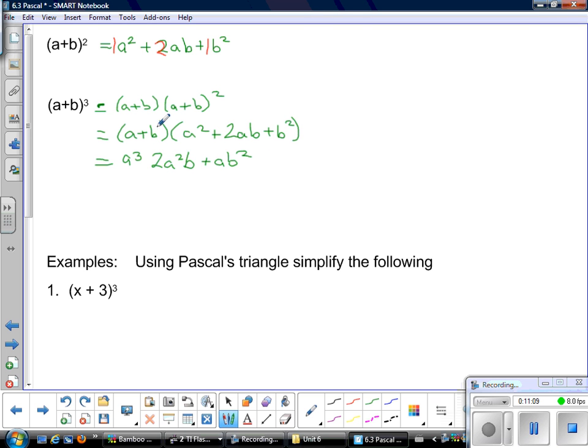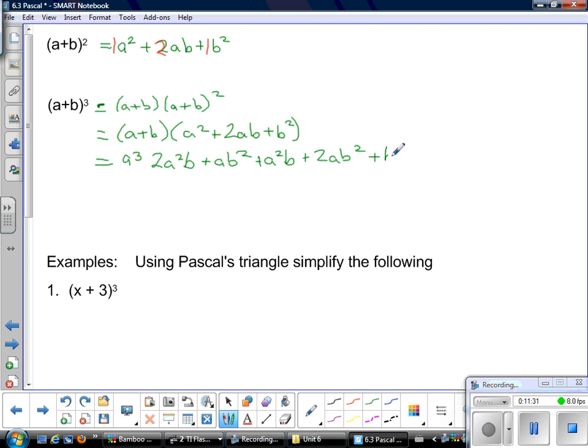Now we're going to take our next term, which is b, and multiply it. So it's going to be a squared b. Then it's going to be b squared here, so it's going to be plus 2ab squared. And then finally we end up with b cubed.